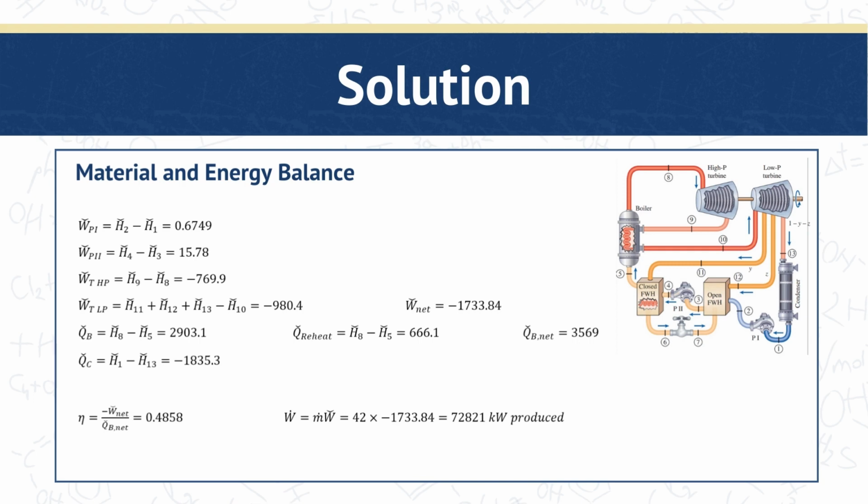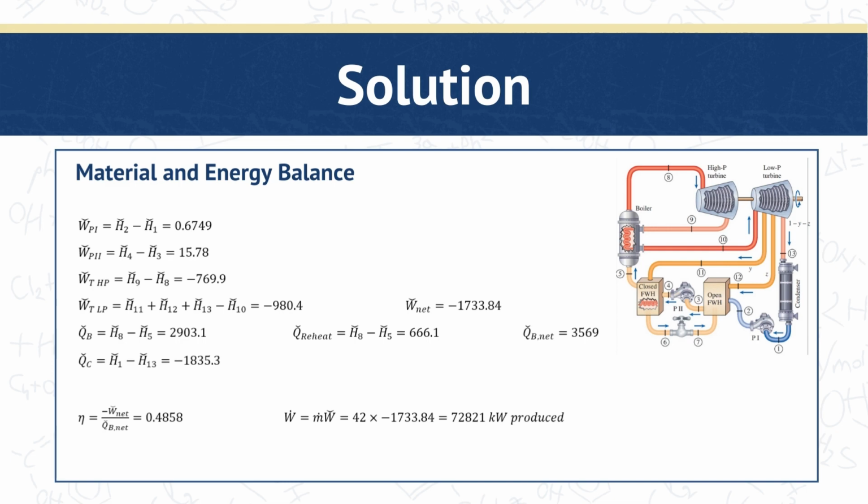This is true for every power or energy stream. So H2 minus H1, for example, is 0.6749, and H4 minus H3 is equal to 15.78. You can refer to the diagram on the right if you are having any trouble, especially since there are many values that are involved.